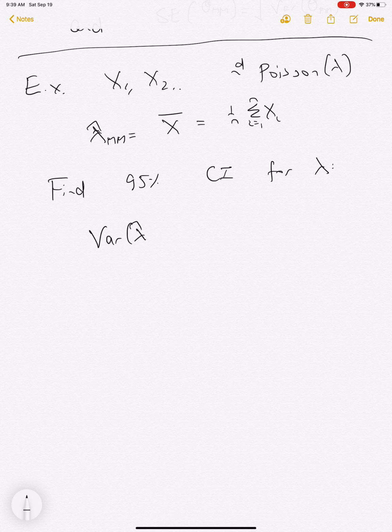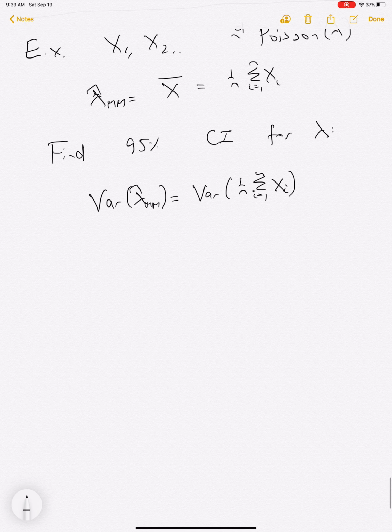So the variance of lambda hat mm is the variance of xi over n, and that's where the n comes in, because you have n samples that we use in the method of moments estimate. We also know that the variance of a Poisson, you can look this up or calculate it, is lambda, so the variance is lambda over n.